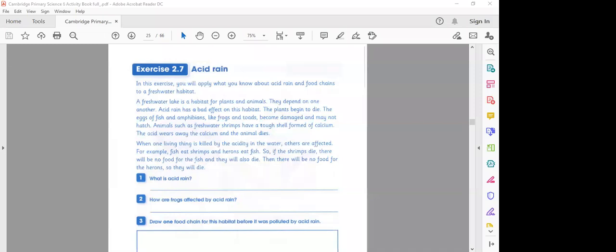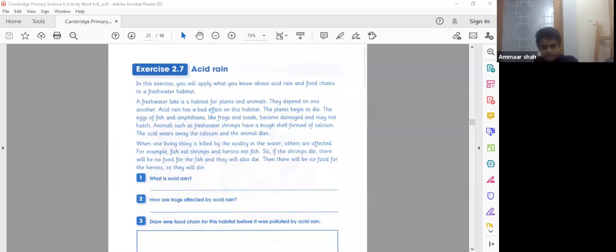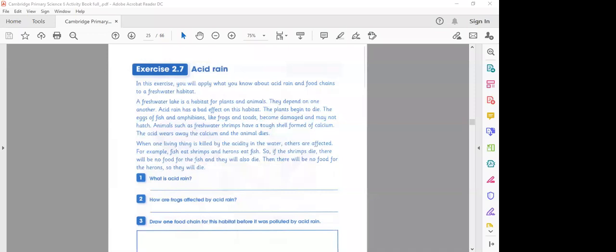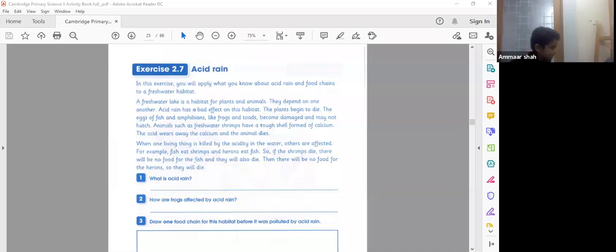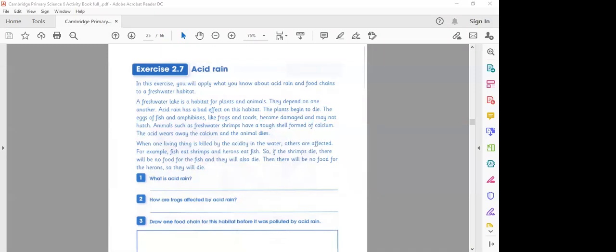Is there anything specific mentioned about their eggs? Ma'am, in the learner's book there is. In this exercise, you will apply what you know about acid rain and food chain. So it is okay if you write about eggs, and it is also okay if you don't. Not a problem.